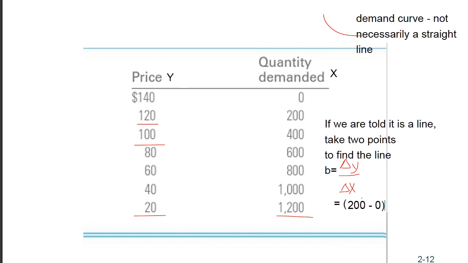And then divide that by $120 minus $140. You see, I'm going to get a negative. So that equals what? A negative?